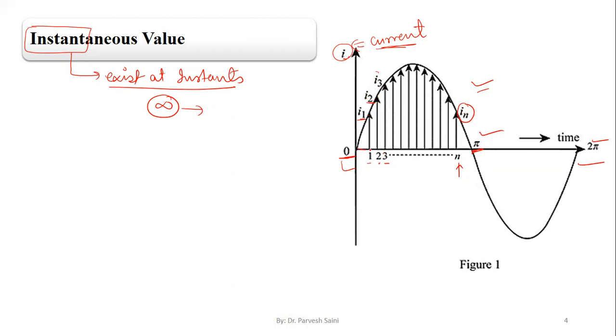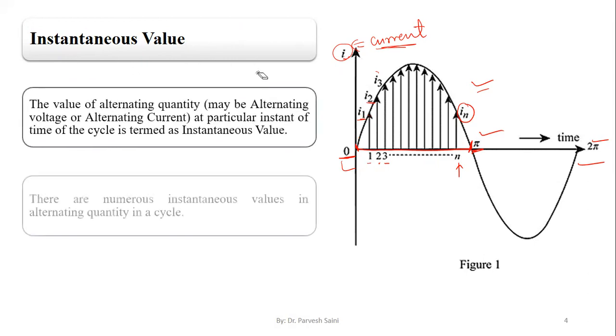That means this whole duration from 0 to pi has been divided into instants. So at every instant we have a certain value. You can make out from the word itself: the value of the alternating quantity that exists at a specified instant is termed as the instantaneous value, right?